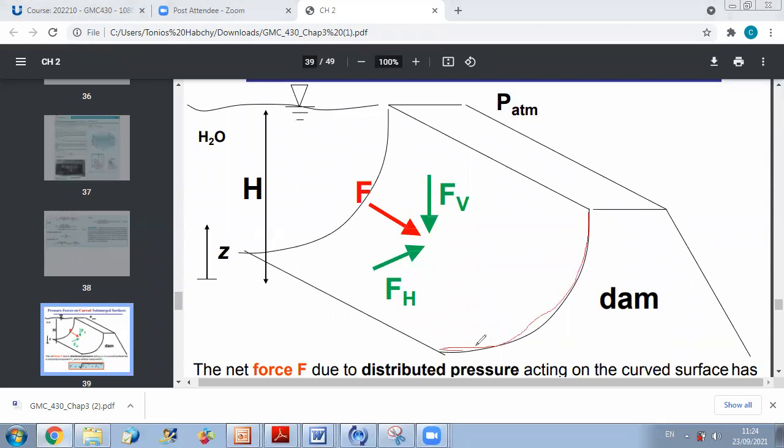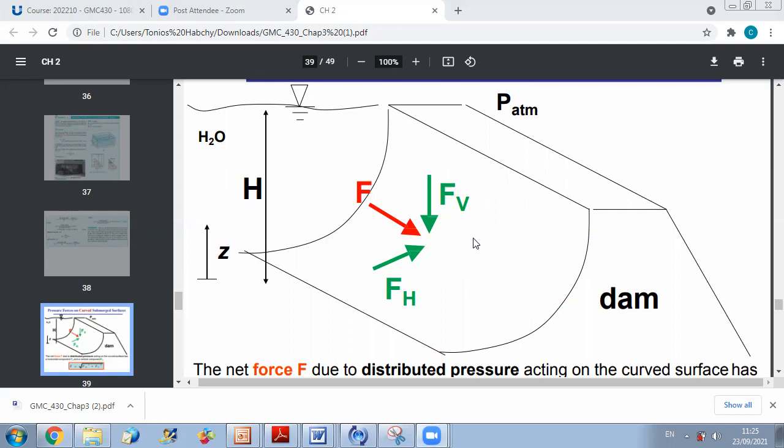The purpose is to determine, if I have a curved surface, what will be the resultant action of the fluid. So it's similar in concept to what we did already, but what is new for us is that we are considering a curved surface, not just a flat surface. So how will we proceed with the analysis?